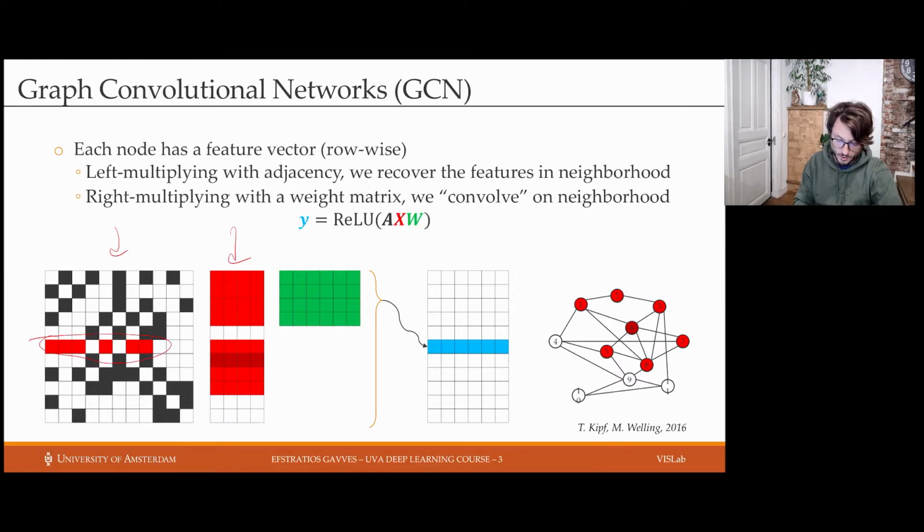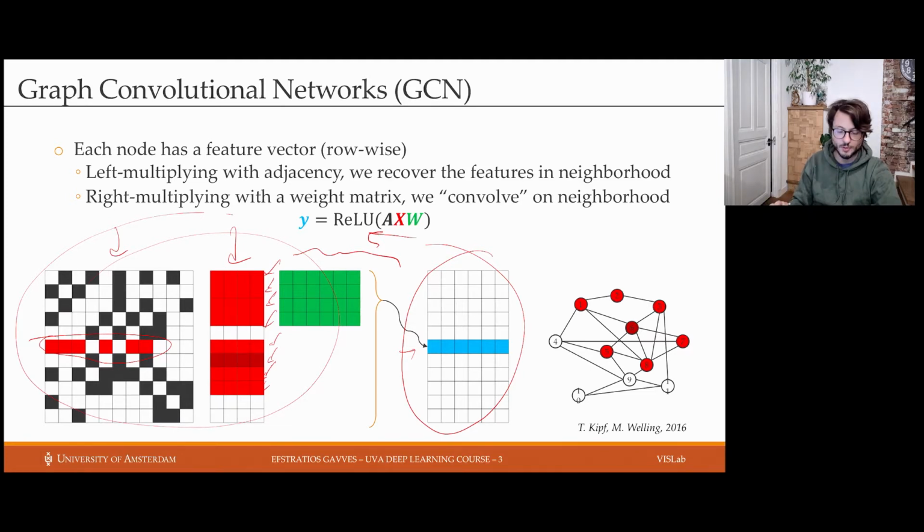So this means that only those particular rows in our feature matrix are going to be activated, let's put it like that, and then they're going to be multiplied by our parameter matrix W. So these are our so-called filters, like what we would call filters in convolutional neural networks. The result of this operation passes through a nonlinear activation, like ReLU, and it returns one new row in our next layer's feature map.